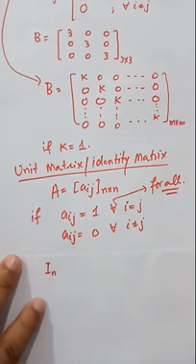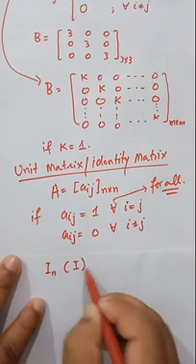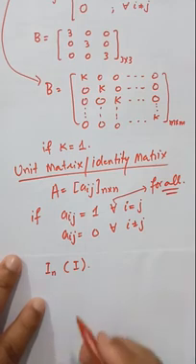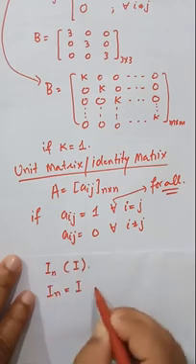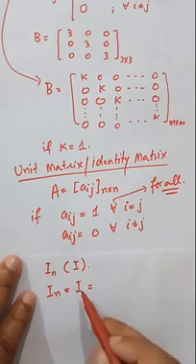If the order is known from the context, you just write I instead of I_n. So the identity matrix may be denoted by I_n or I.